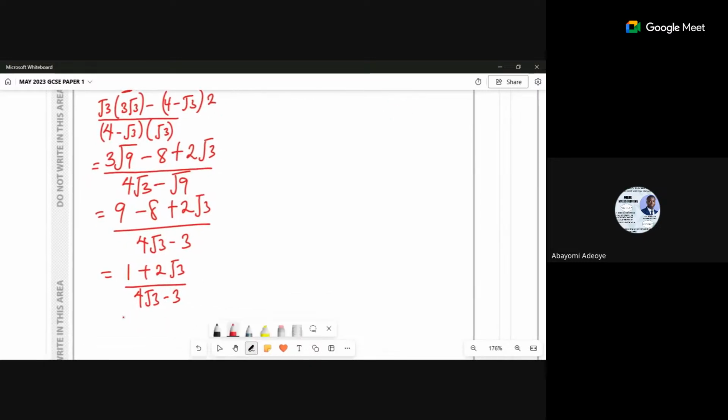So in this case, you then rationalize. So how do you rationalize? That will be 1 plus 2 root 3 over 4 root 3 minus 3 times. What's the denominator? 4 root 3, then you change the sign from negative to positive, over 4 root 3 plus 3.